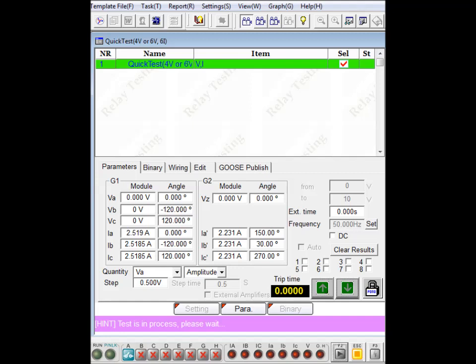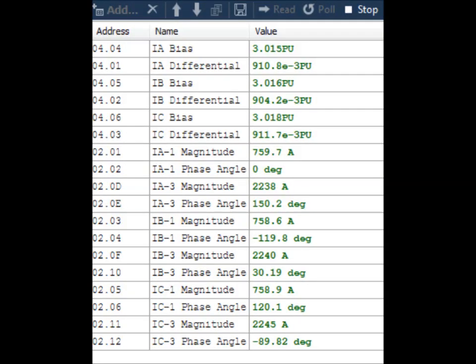Therefore the per unit current in the HV side comes as 3.45 per unit, and for the LV side 2.54 per unit. Therefore ID comes as 0.9 per unit and I bias as 3 per unit. Since ID by I bias minus 1.2 comes as greater than 0.5, that is greater than 50% slope, the relay will give a trip signal, or the relay will operate.